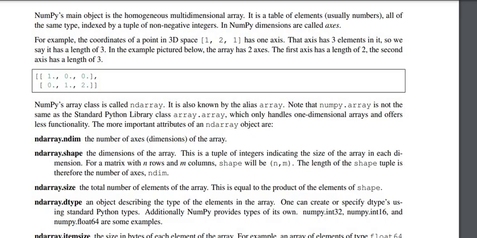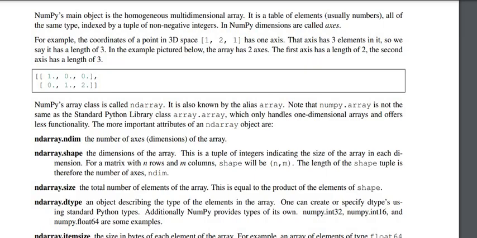Look at the box. The array has 2 axes. The first axis has a length of 2 and the second has a length of 3. 2 rows and 3 columns. The first attribute is ndim, the second attribute is shape.